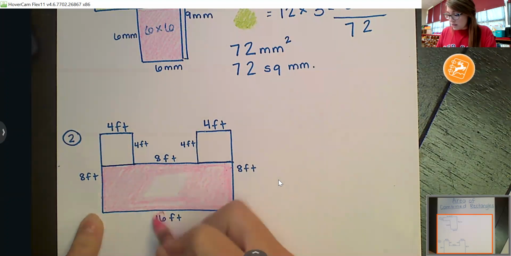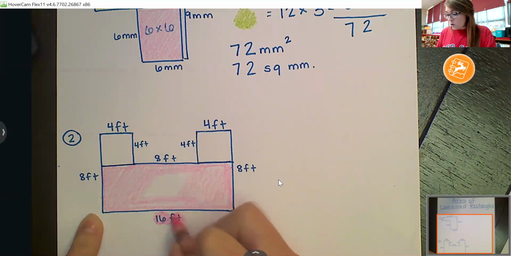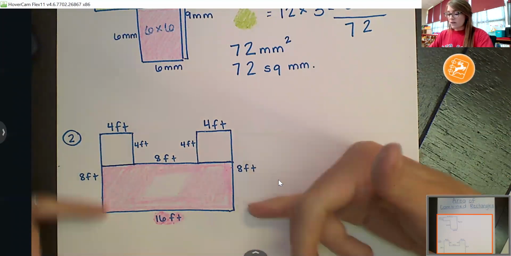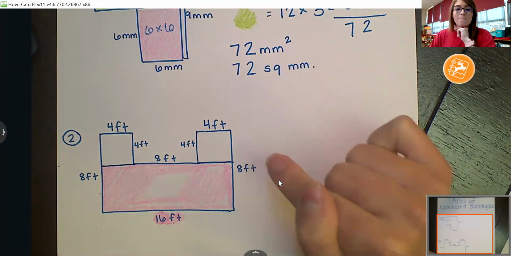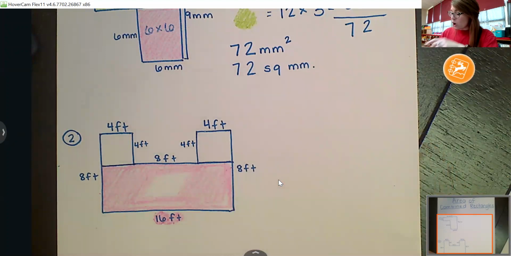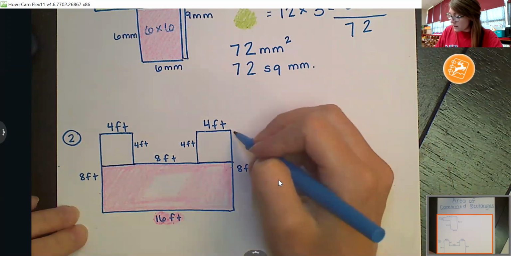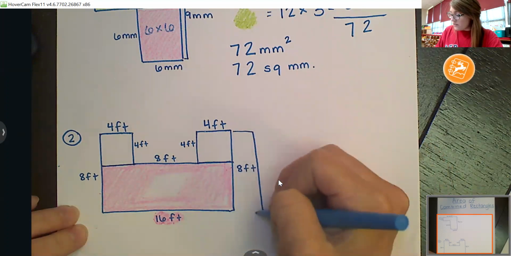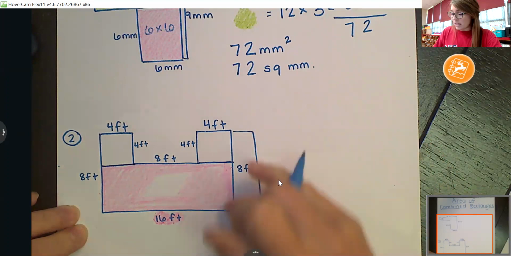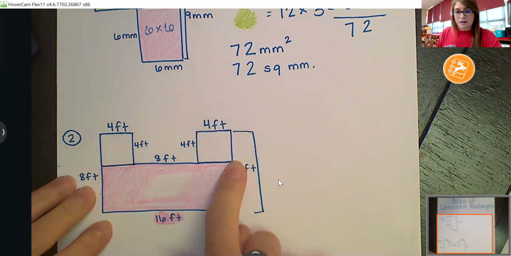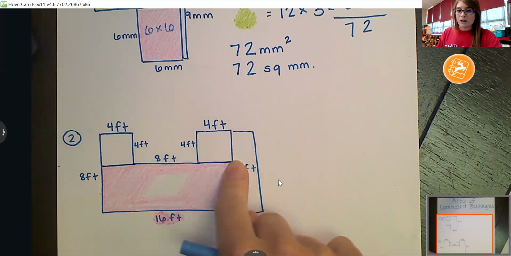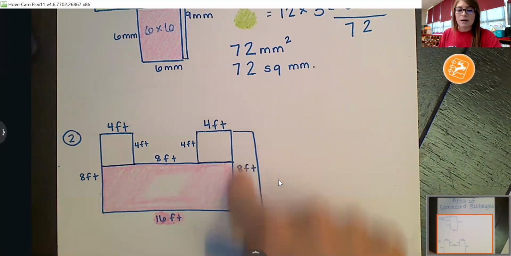I'm going to be using this 16 feet for sure. But now I've got to figure out, okay, what am I multiplying this by? Okay, this whole side here is 8 feet. That whole length is 8 feet, but I've split it. So now I've got to figure out, when I split it here, how much did I leave?